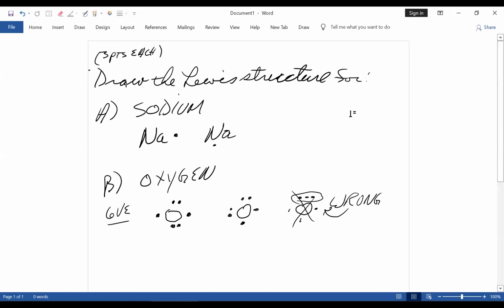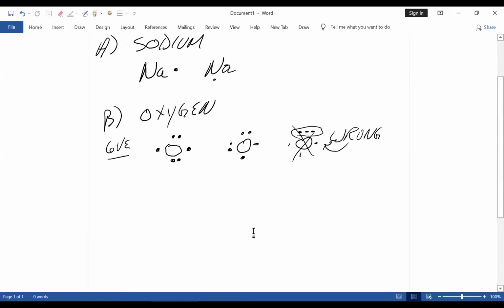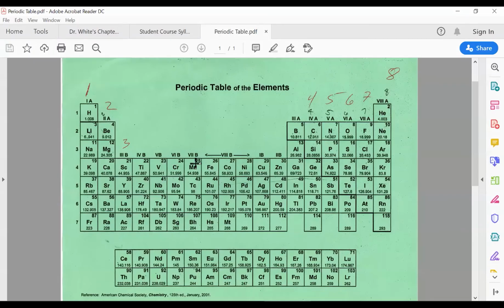So let's do chlorine. Why don't you do the Lewis structure for chlorine? And hold on, here's your periodic table. Have fun. Draw the Lewis structure for chlorine.